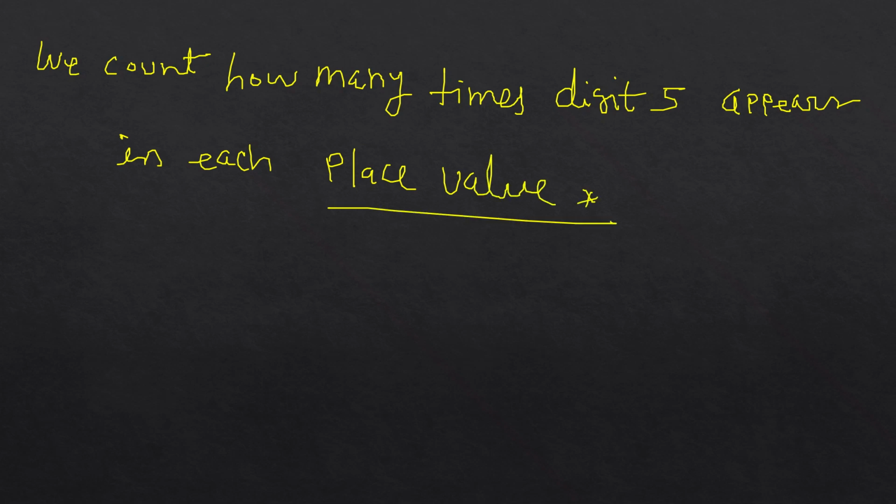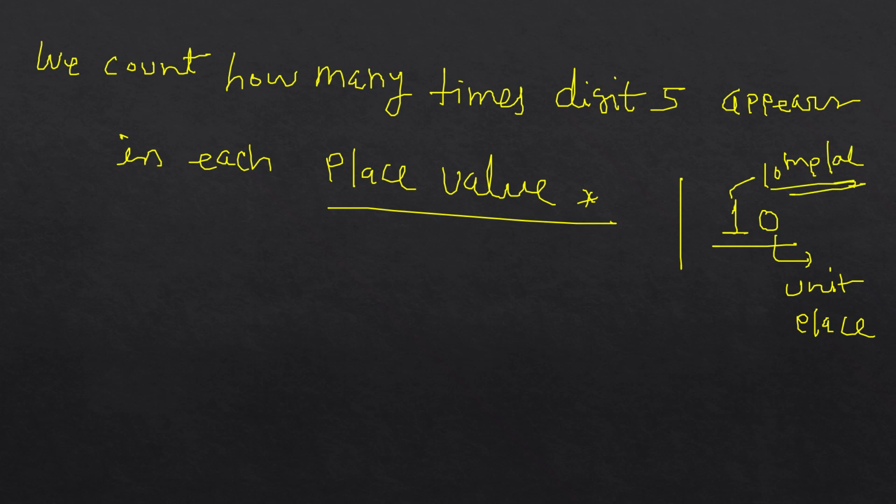I hope you understand the meaning of place value. Suppose there is a 10. So 0 is at the unit place and 1 is at the tens place. So first of all, the case of unit place.